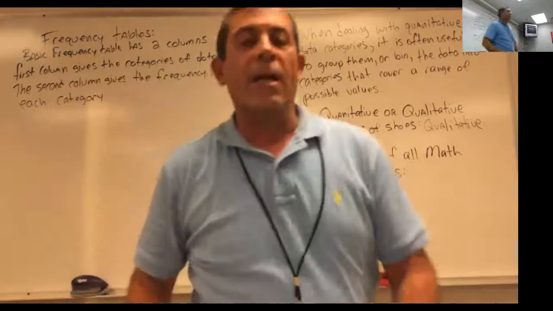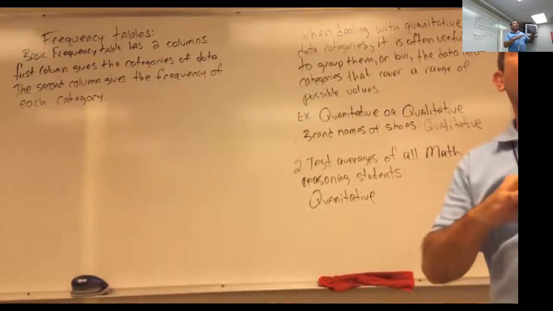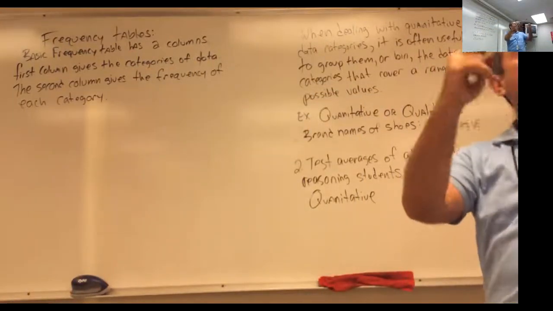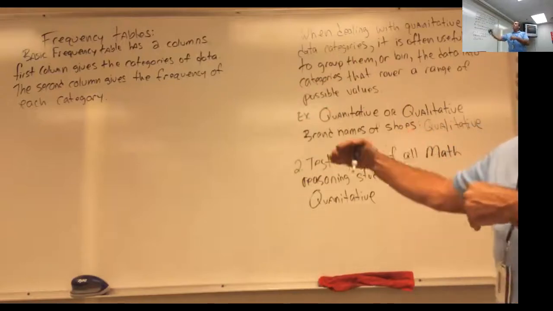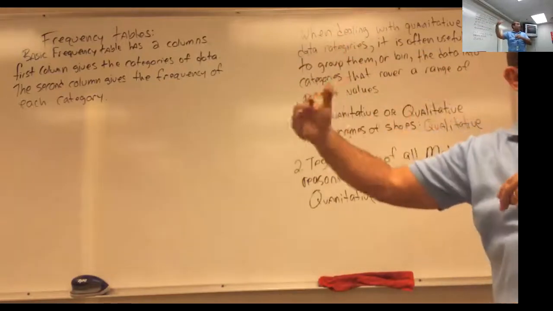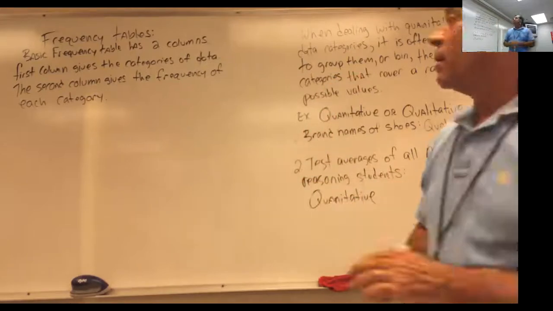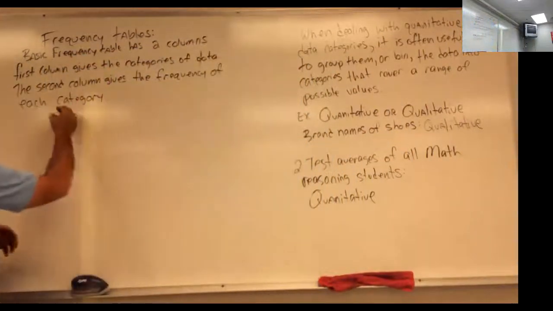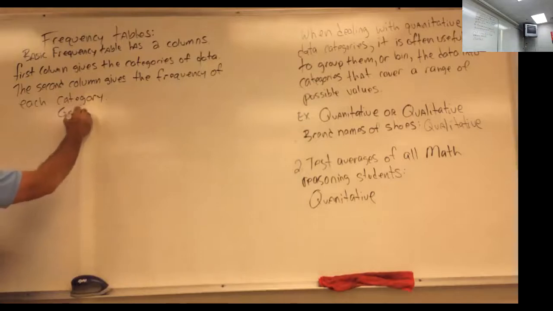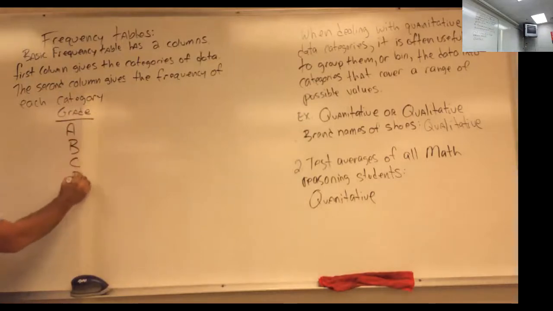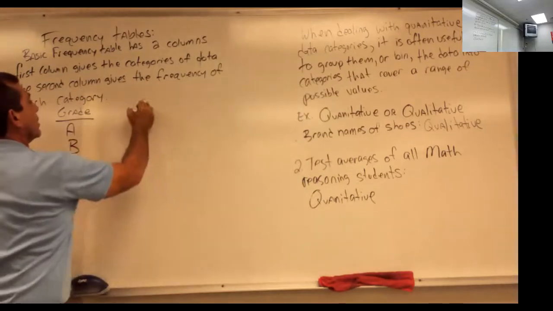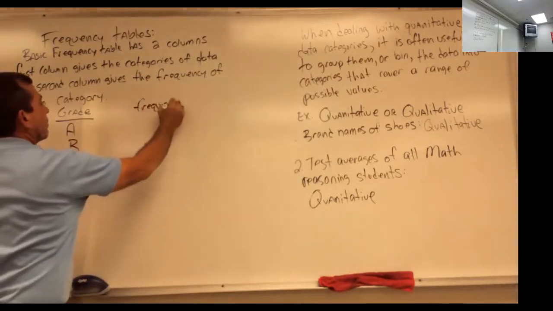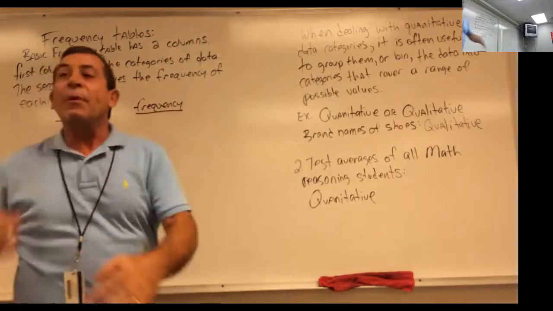So basically what they're saying, say I was looking at student grades in my class and I had it separated into A, B, C, D, and F. Those would be my categories. The frequency is how many of each did I get, okay? So I would have a grade category for my A, B, C, D, and F, and then the second column, the frequency, is how many of each did I have?